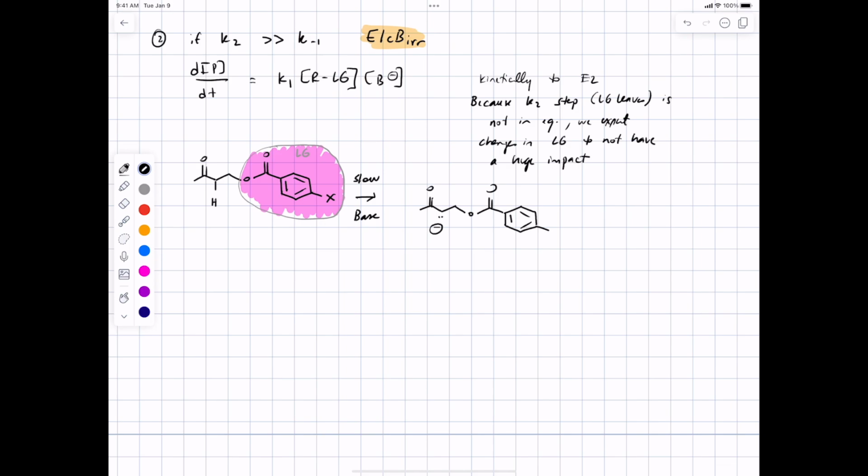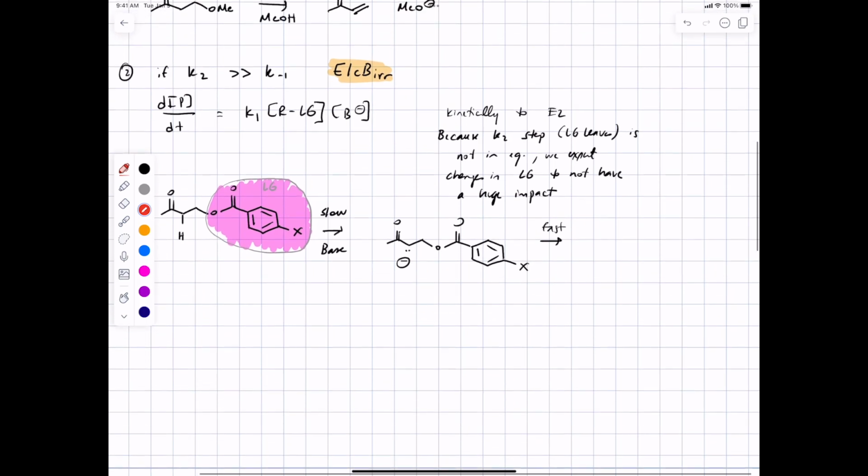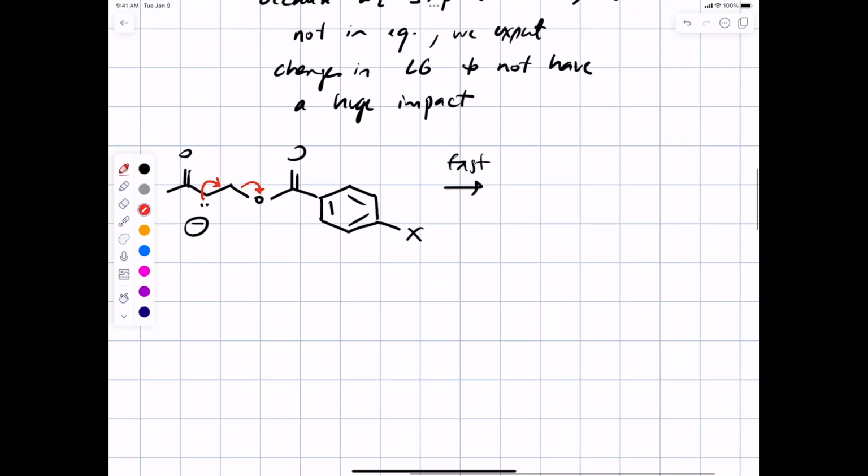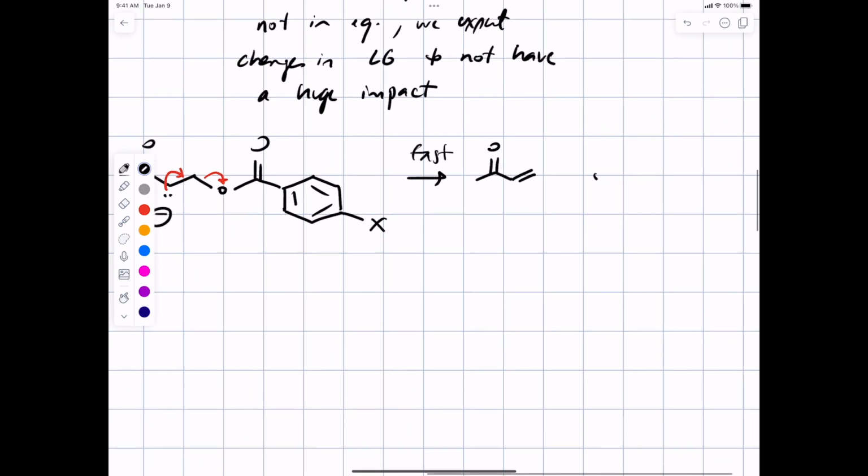And then fast loss of the leaving group in the second step goes like this. And your products are this alpha beta unsaturated carbonyl compound and then this leaving group.